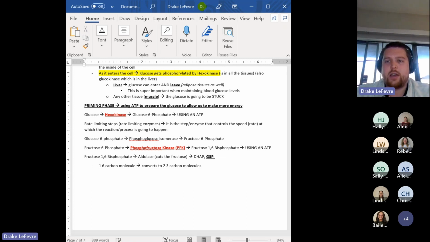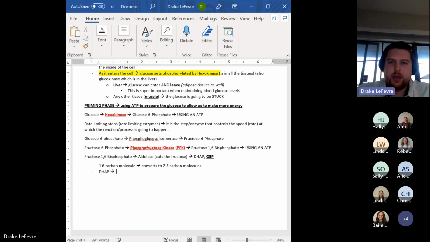So it's counted as the 5th step in glycolysis, where DHAP immediately gets converted to G3P so that we have 2 G3Ps.